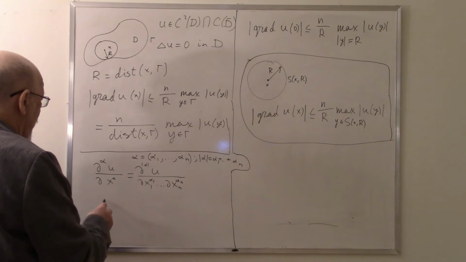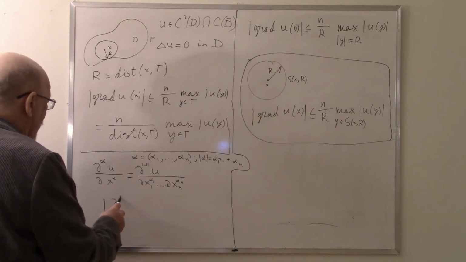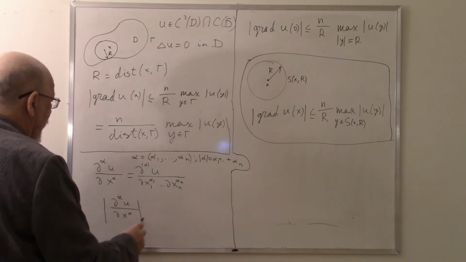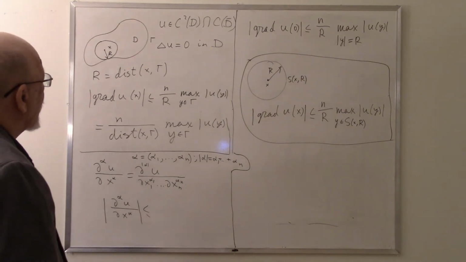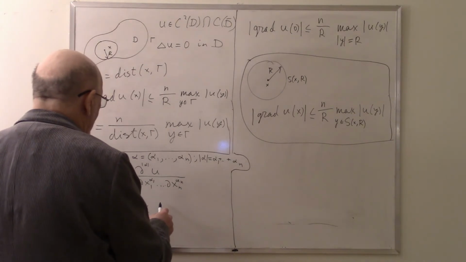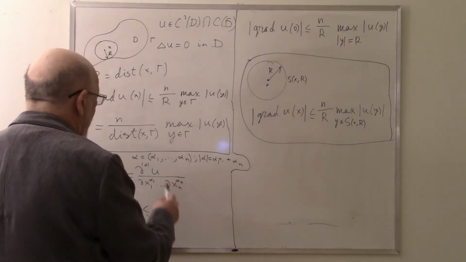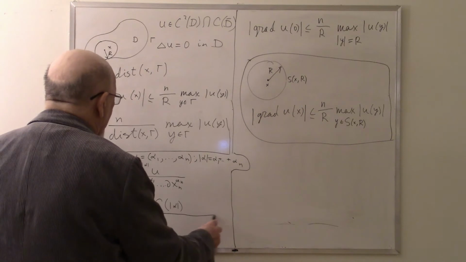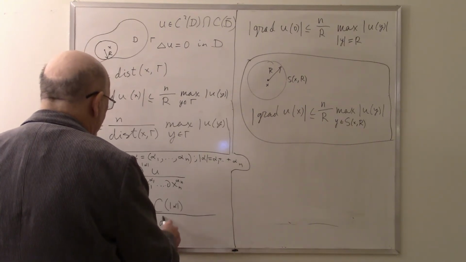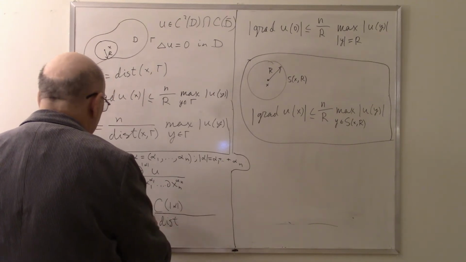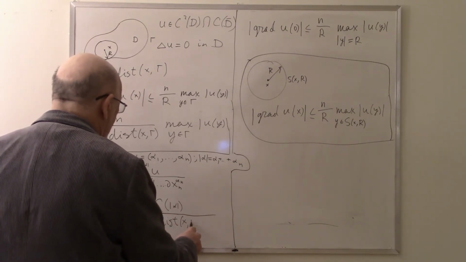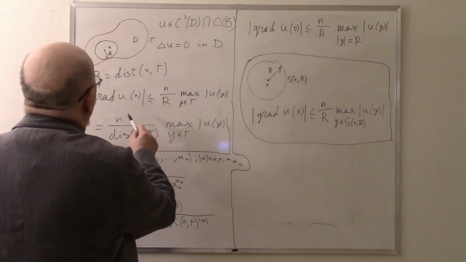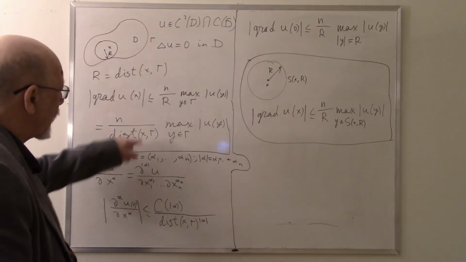And we write that the partial derivative of u is less or equal than some constant C depending on modulus alpha, divided by the distance from x to gamma to the power modulus alpha, times the maximum of the modulus of u(y), y in gamma. Here, for the first derivative, modulus alpha is 1, so we have the distance to the first power.